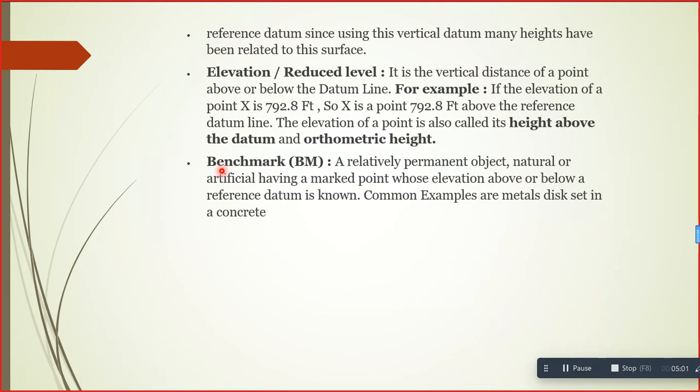The elevation of a point is also called its height above the datum, or orthometric height. And finally, you have the benchmark. It's a relatively permanent object, natural or artificial, having a marked point whose elevation above or below a reference datum is known, commonly a metal disc or set in concrete.